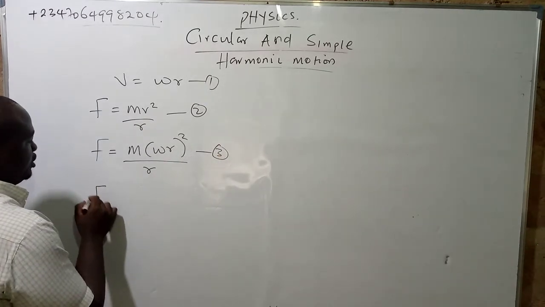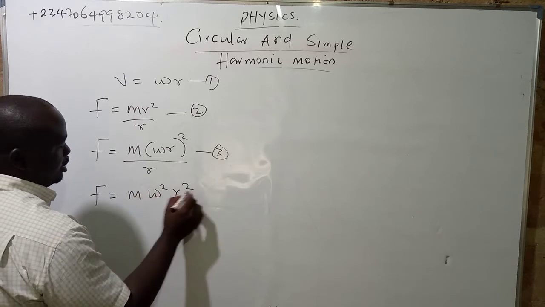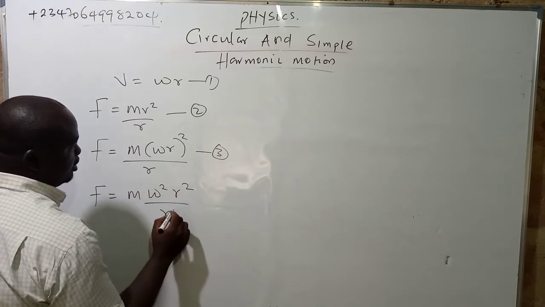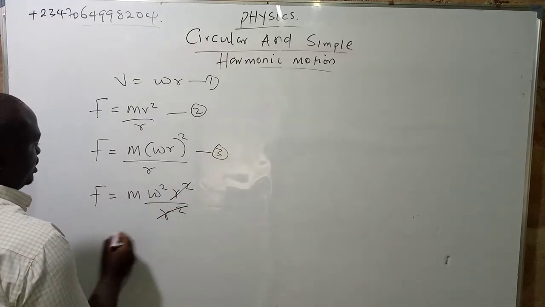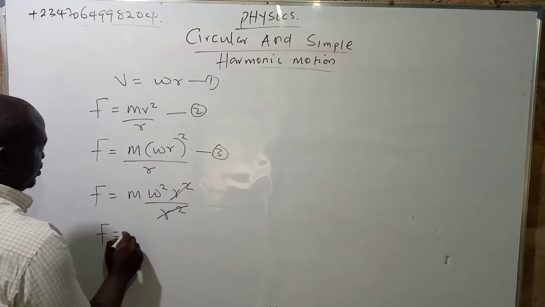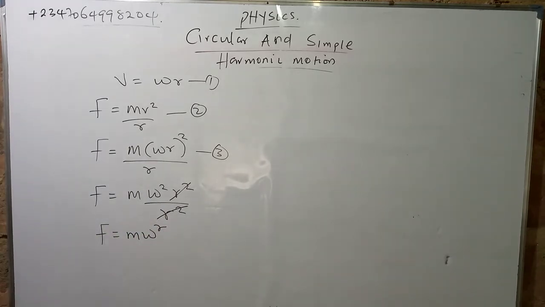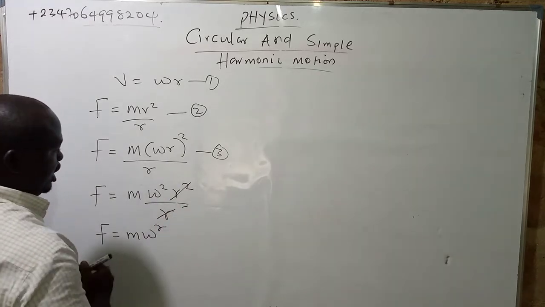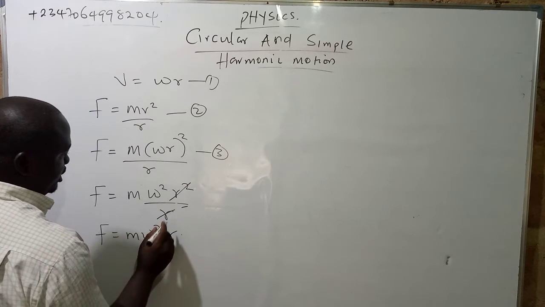Opening the bracket, you have F is equal to mω squared r squared all over r, so of course this will cancel one r, and you are left with F is equal to mω squared r.